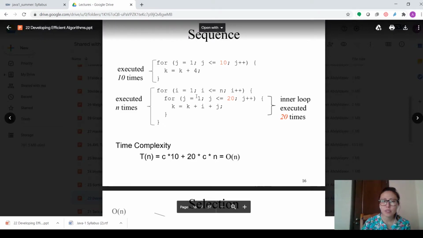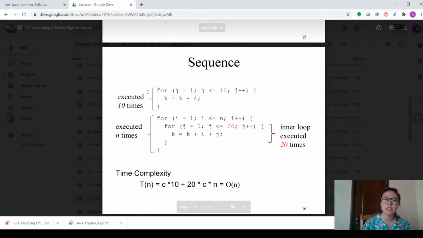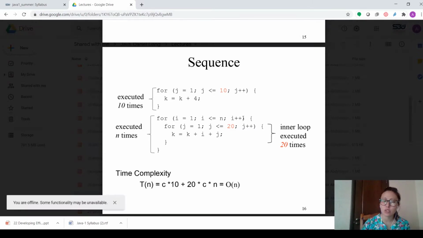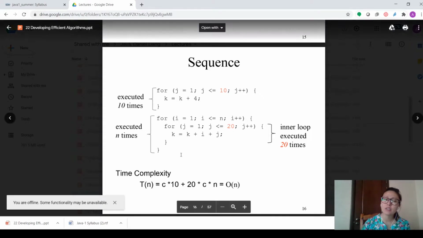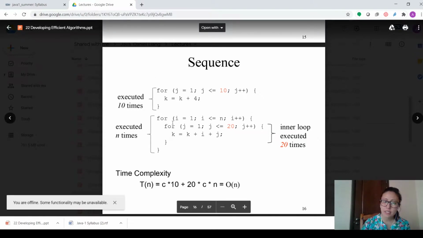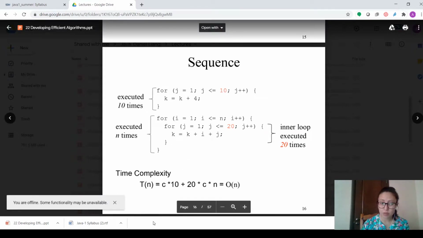Let us assume that we have here some kind of sequence. It means that here we'll have one loop and then a second nested loop, and these loops are not nested in each other. The first is separate, the second nested loop is separate. To execute the first, we spend 10 times constant.